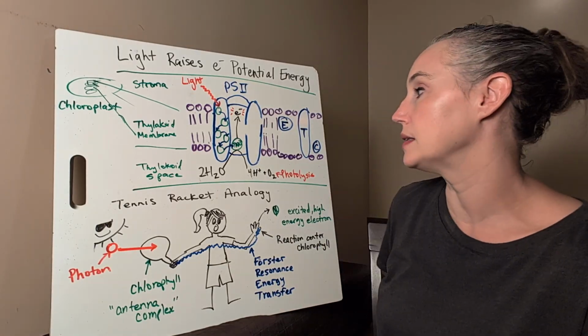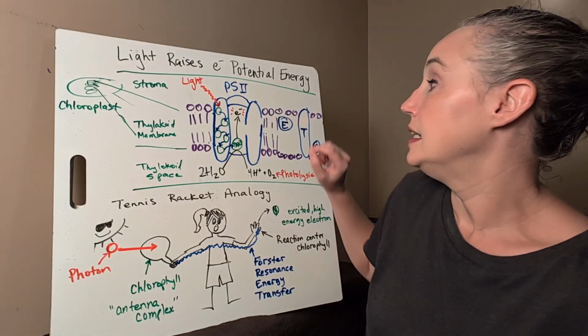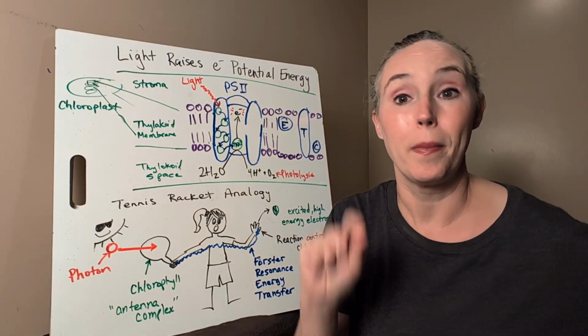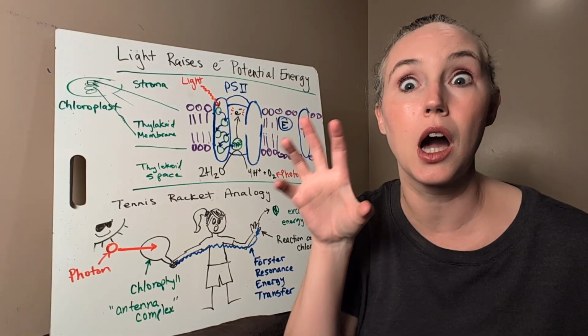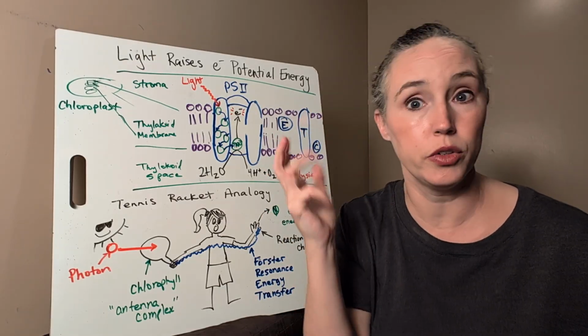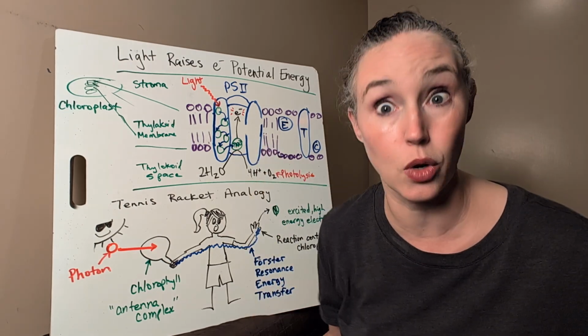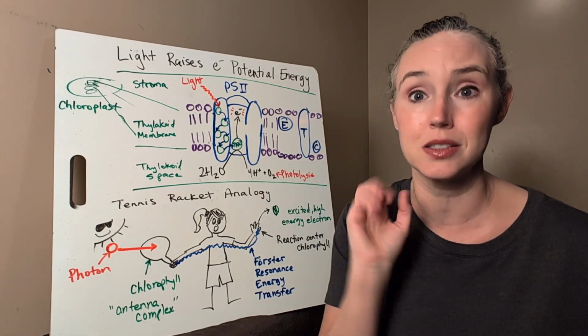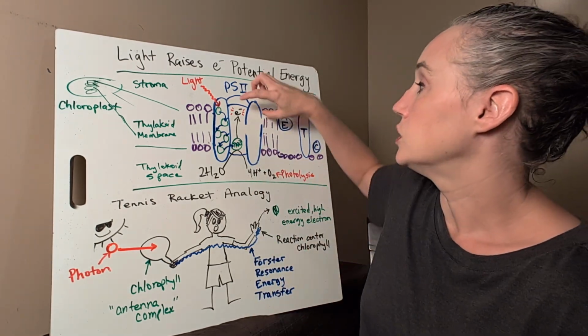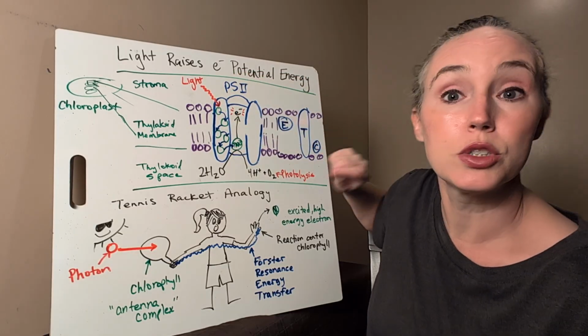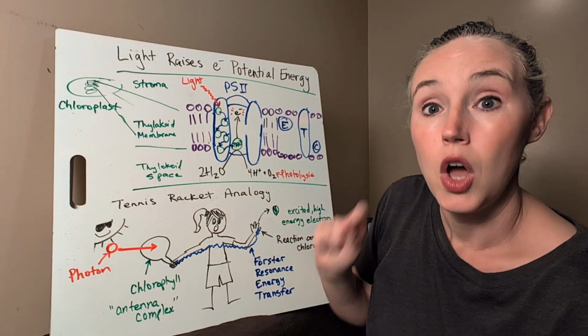All right, so first, let's look at the structure of Photosystem II, because Photosystem II is a protein complex. Like when you learned about quaternary structures of proteins, this is a quaternary structure. It has lots of different parts. So on the outside here, you have embedded a bunch of chlorophyll molecules.